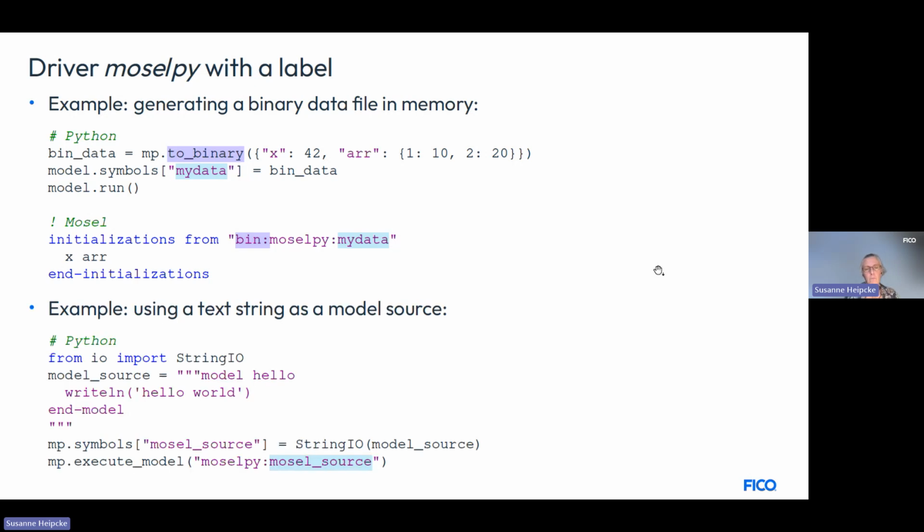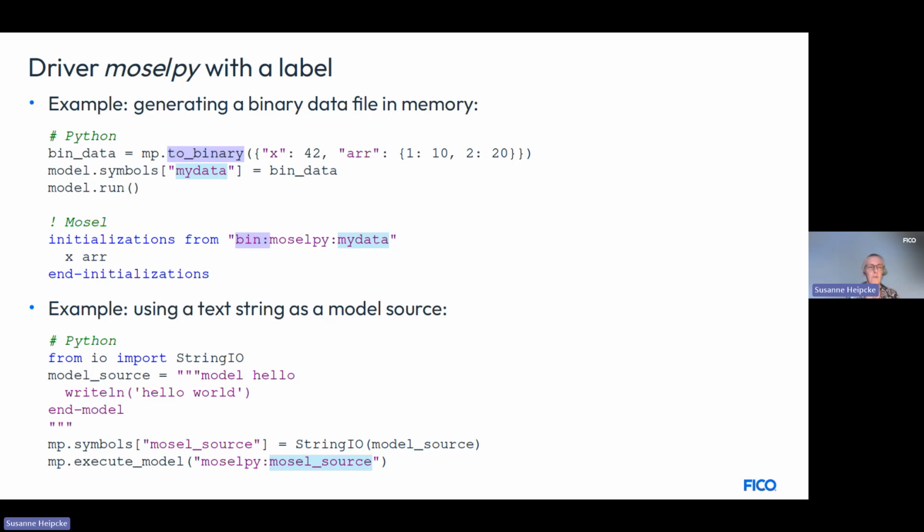I can use these labels in MoselPy also for other purposes, for instance, if I want to include the Mosel model as a source in my Python program. Why would I want to do this? You can imagine situations where portions of the Mosel model are generated by the API.